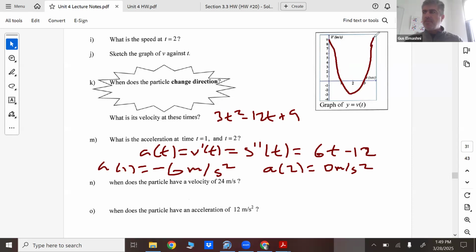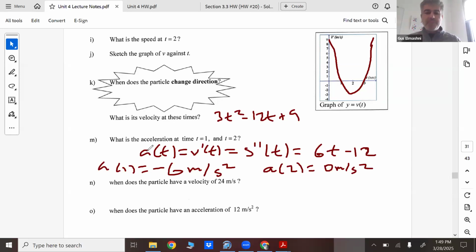So at high and low points, it's always 0, like on the graph for these types of things. And by the way, at 1 we're starting to slow down, because you actually stopped at 1, but you were speeding up before, and now you're slowing down.